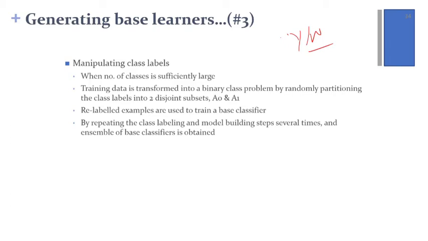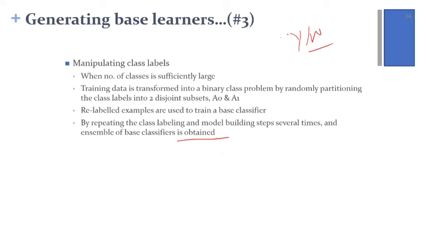By repeating the class labeling and model building steps several times, an ensemble of base classifiers is obtained. So this is the idea of manipulating class labels. We use this when the number of classes is sufficiently large. Then just run the experiment. Of course, it's good to try it. Don't just start building an ensemble. Build an individual classifier first. You yourself will see that maybe you're not getting excellent results.